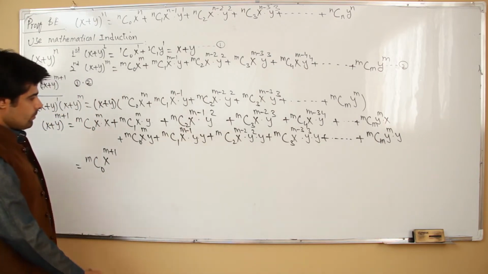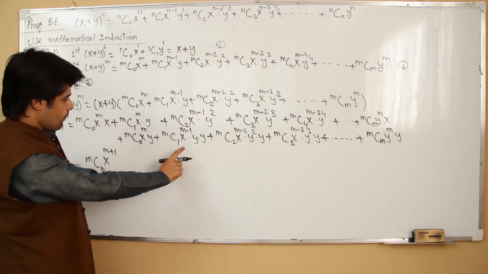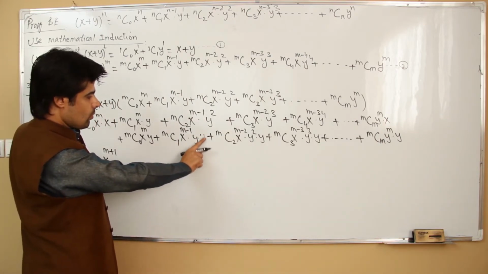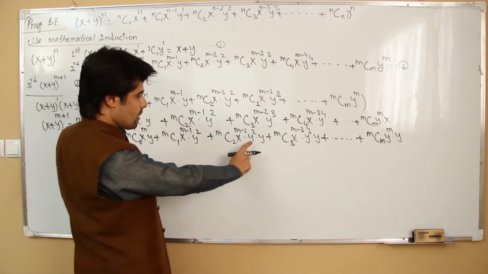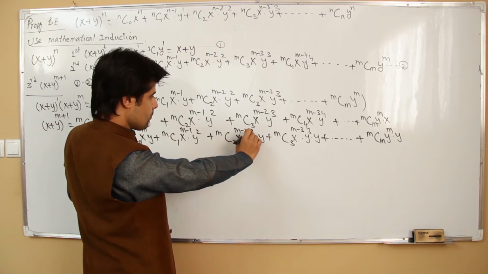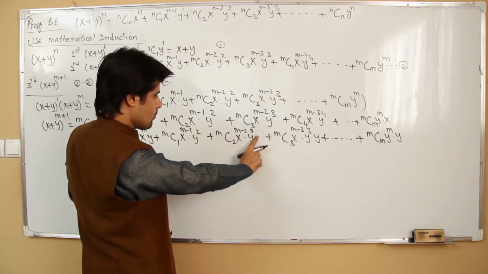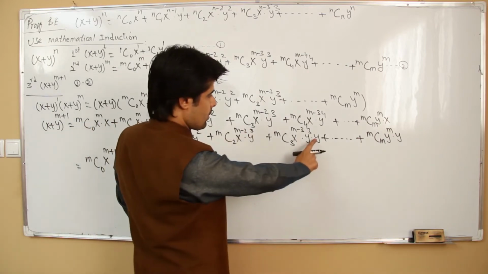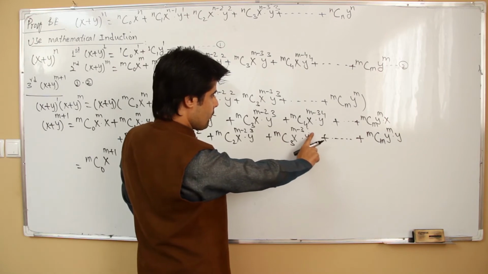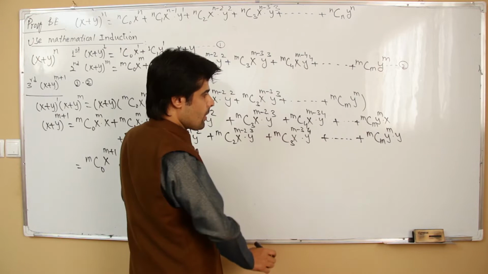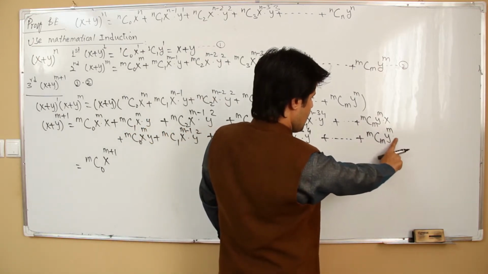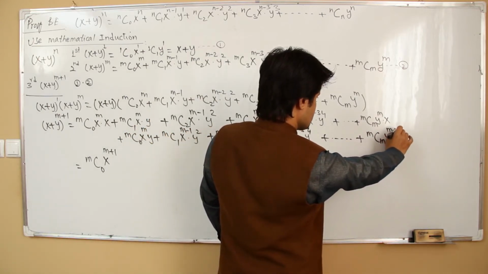And come to here, x to the power m with this one, it's y square. This one, it's y cube. This one, it's y to the power 4. And this one, it's y to the power m plus 1.